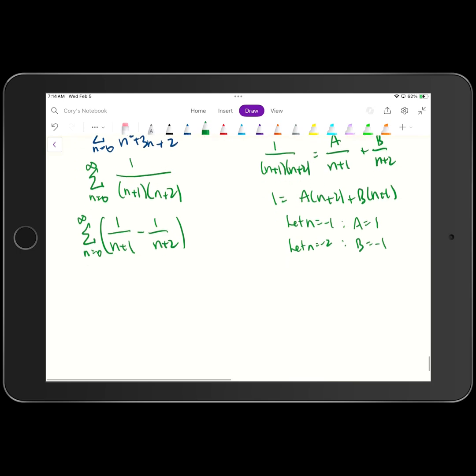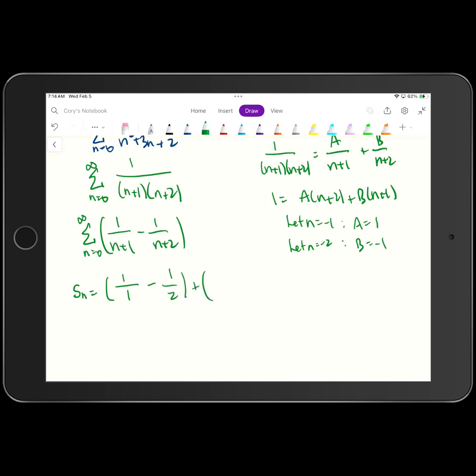Okay, now what we want to do with this is find the nth partial sum. So what we're going to do is plug in 0 into that formula, and then add plugging 1 into the formula, then add plugging 2 into the formula, until we get out to the nth term. When I plug 0 in first, we get 1 over 0 plus 1, which is 1, minus 1 over 0 plus 2, which is 1 half.